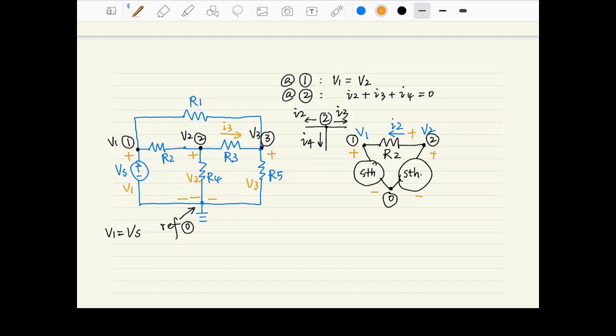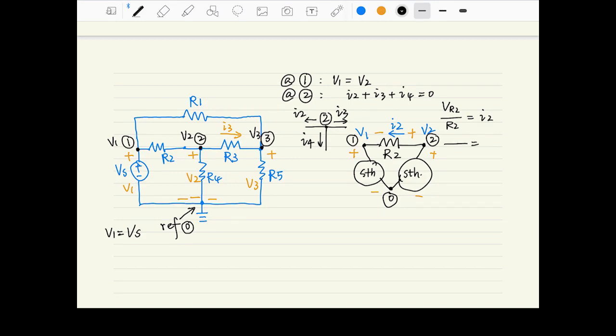The current going out of node 2 towards the right is I3 here, the current going down across R4, let's call it I4 here, and the current going through the resistance R2, let's call it I2 here. So we know that I2 plus I3 plus I4 equals 0.